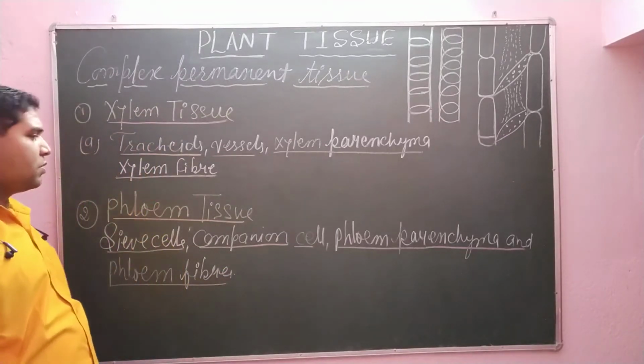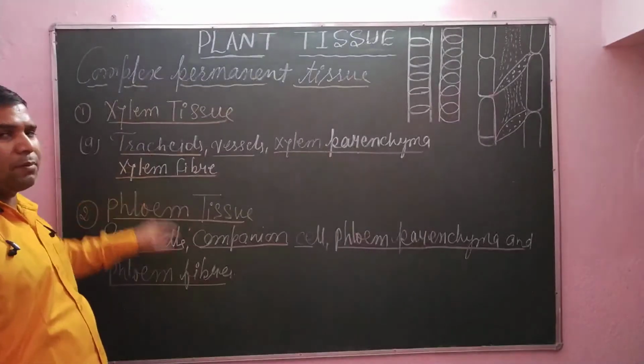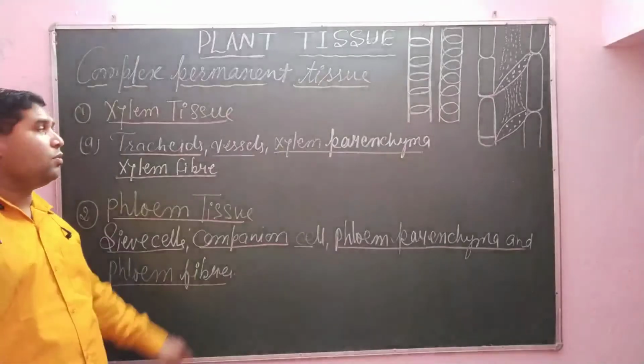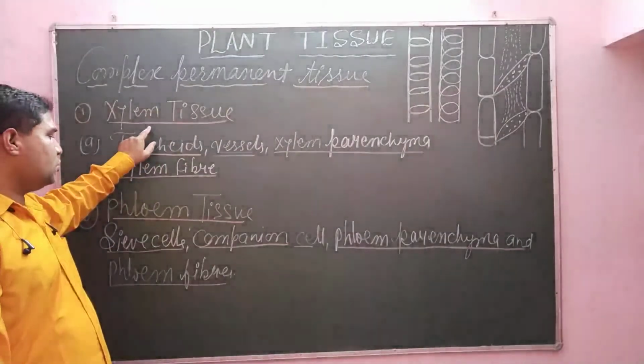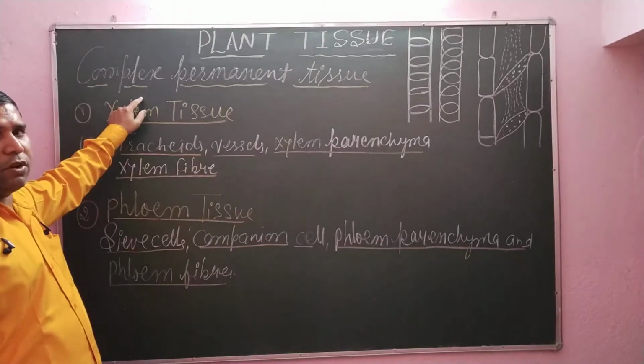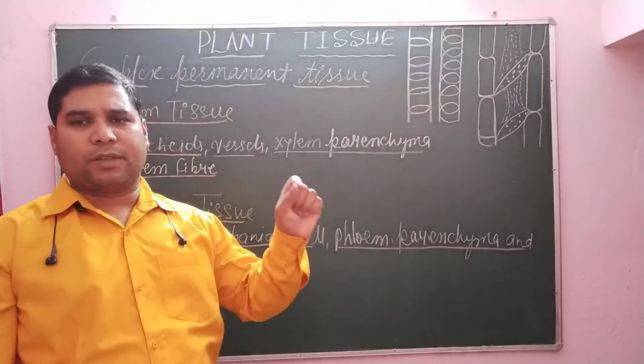So dear student, now you came to know about the types of cells by which these two types of tissue are made, and why xylem tissue and phloem tissue are known as complex permanent tissue, because they are made of different types of cells.